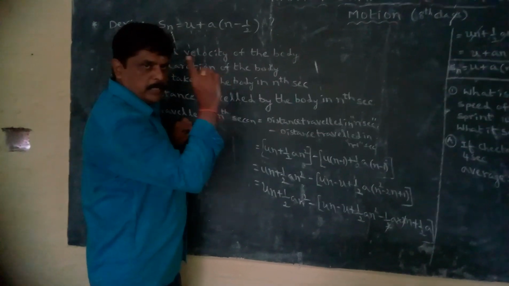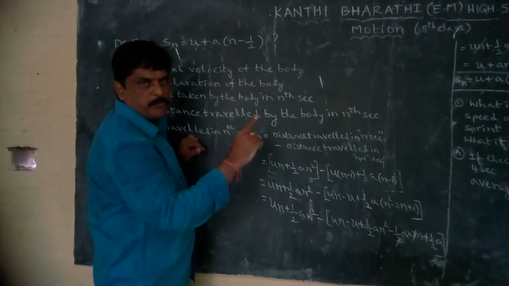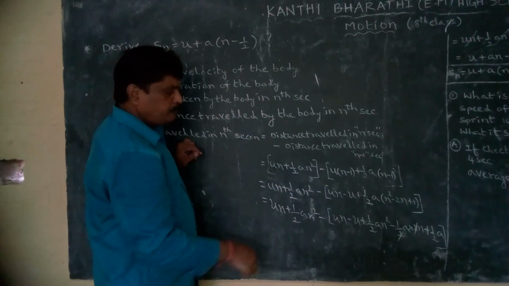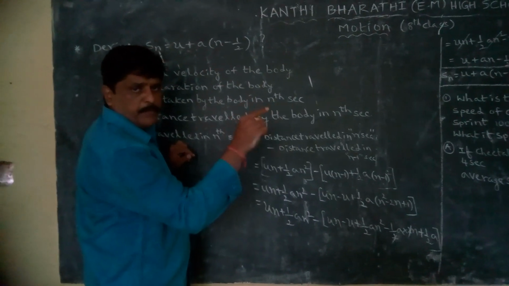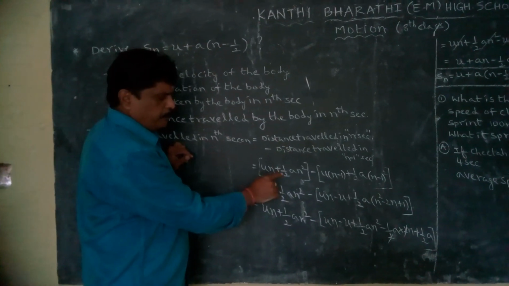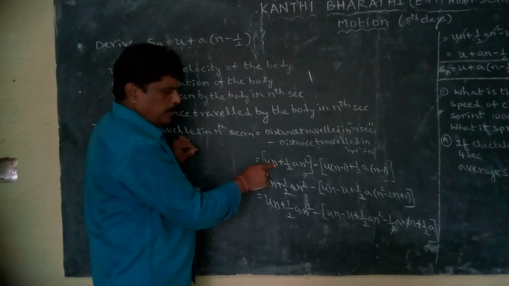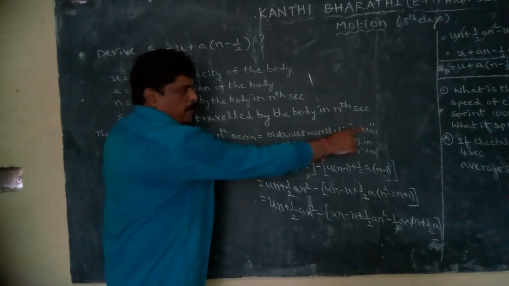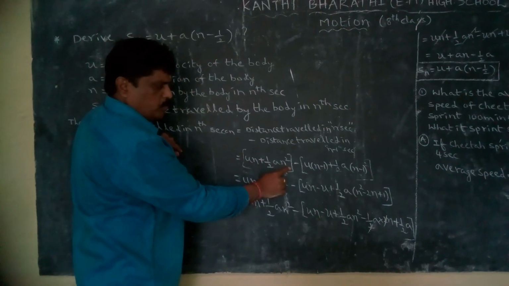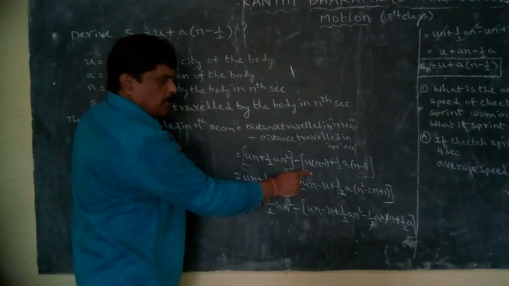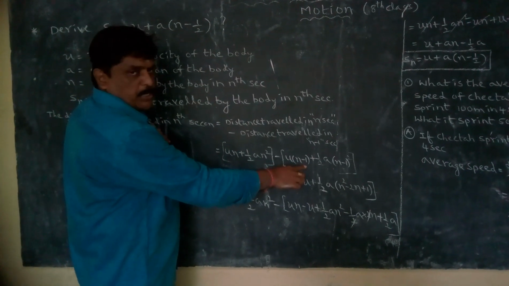So in the formula ut plus half at square, remove t and place n in the place of t, then you get un plus half an square. So the distance travelled in n seconds is un plus half an square, minus the distance travelled in n minus 1 seconds. For that we remove t and place n minus 1 in the place of t.